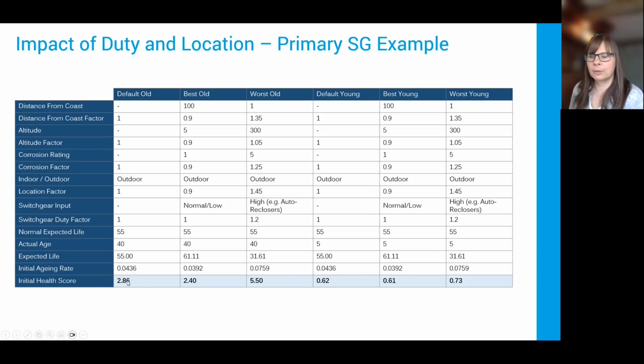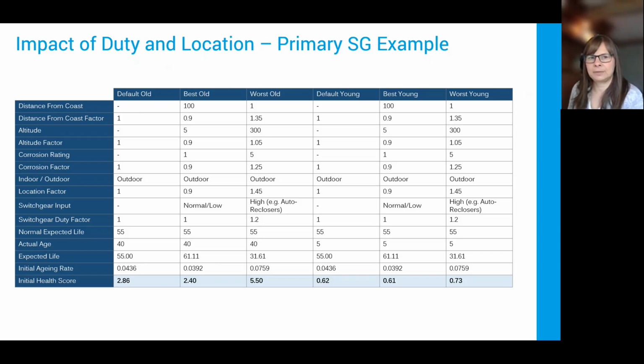For the assets in a default location, that's coming out at 2.86 for that 40-year asset. So that's moving along its trajectory, but it's not at the point where we're concerned about it. But actually getting some of this location information, because you don't have to go out and collect it, is useful. It's data that's normally available via a bit of research or knowledge or using GIS systems.